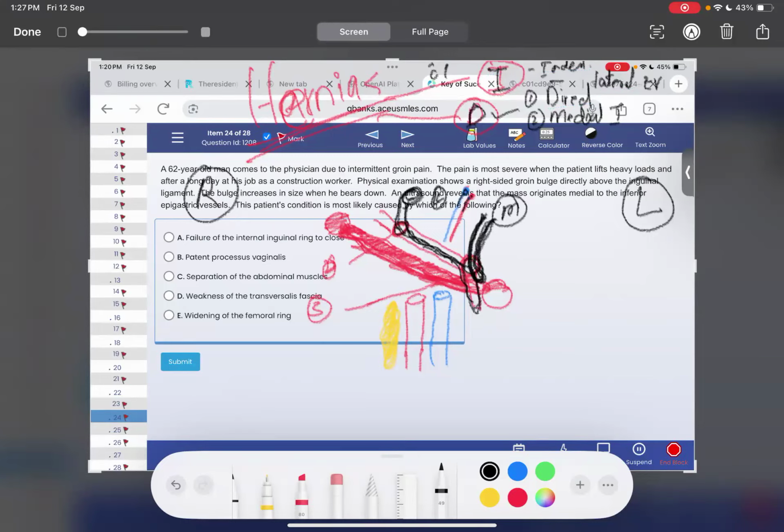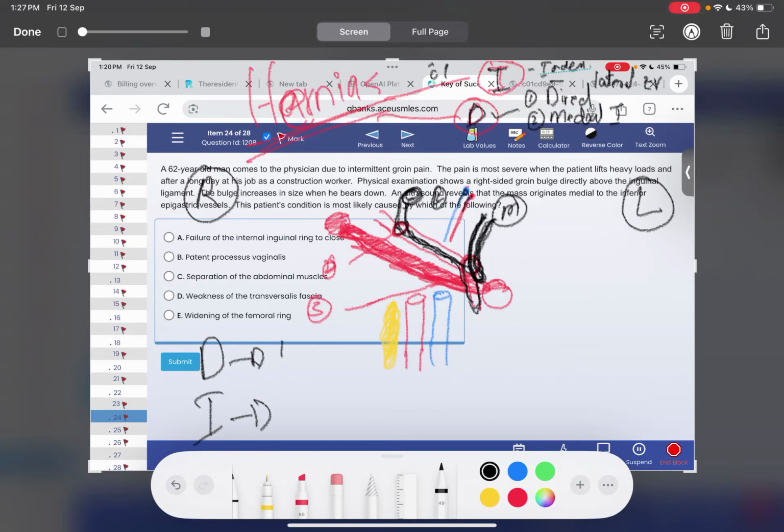Yes, sir. Perfect. Now, what is the pathology in direct hernia and indirect hernia? Let's discuss it. The main pathology in the direct hernia is the transversalis fascia that comes from the rectus abdominis and weakens in old age.